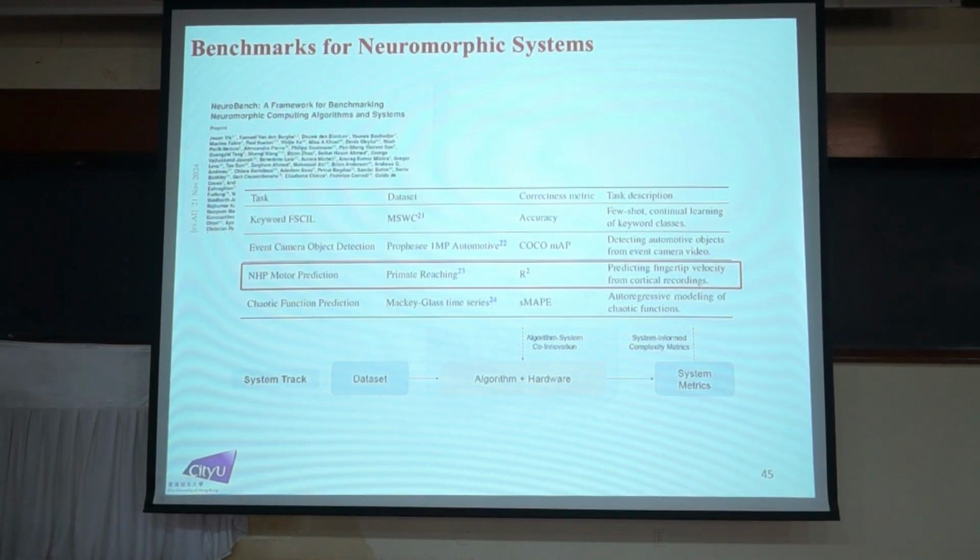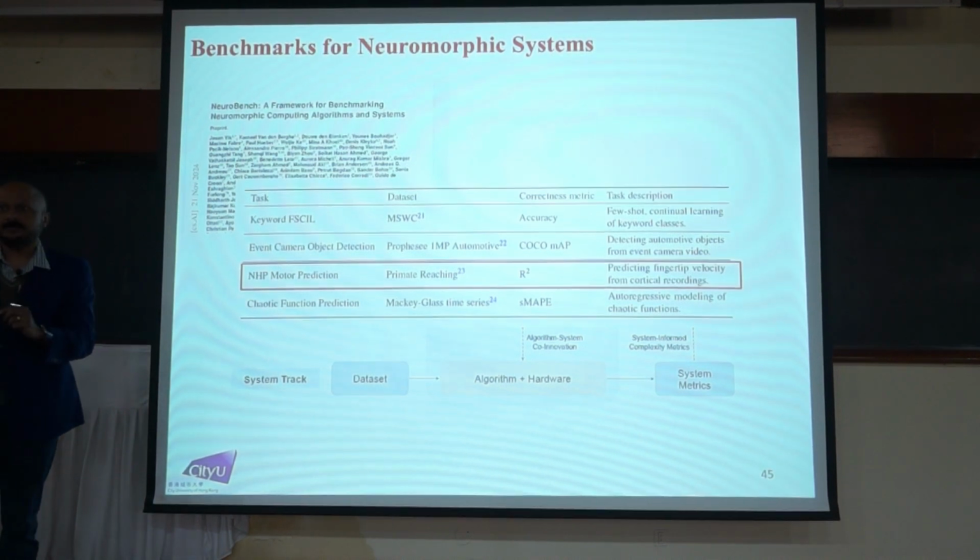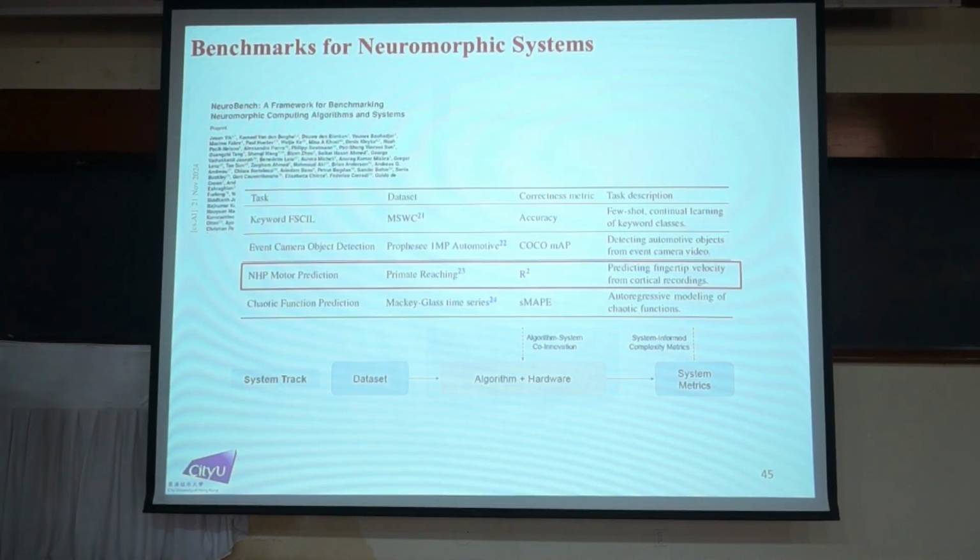In this community we talk about SNNs being very energy efficient. And then if you go to the machine learning community, they'll say that machine learners are much better in accuracy. So which one should we choose?